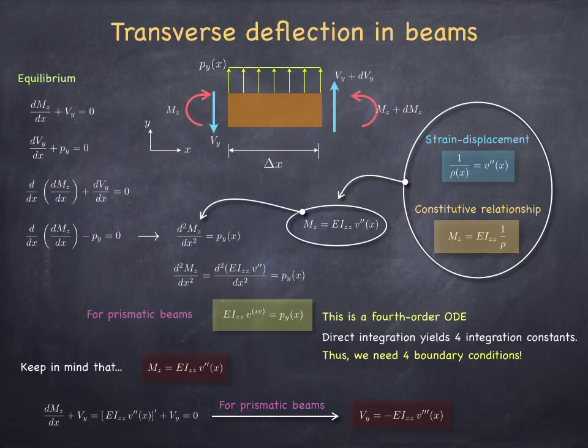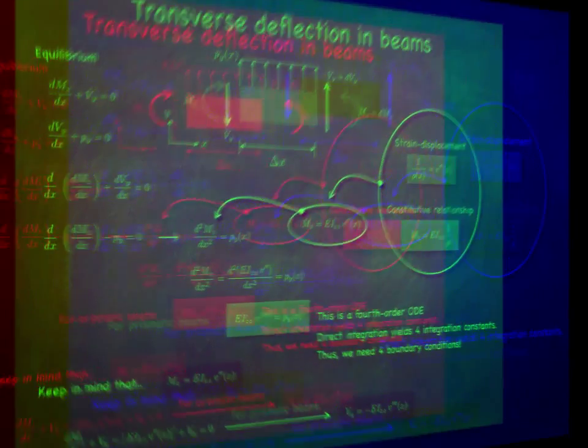So as you can see, if we can solve the fourth order ODE and obtain v, the transverse deflection field, we can then obtain the moment diagram and the shear force diagram easily by evaluating second and third derivatives of that field.